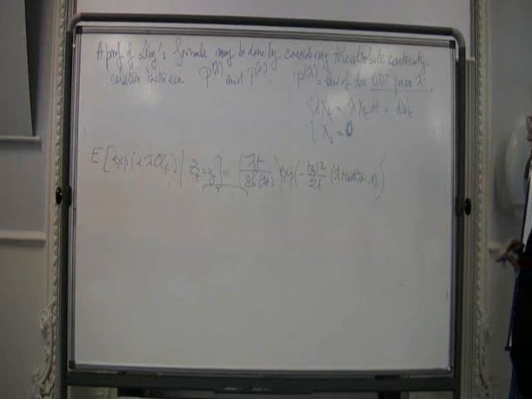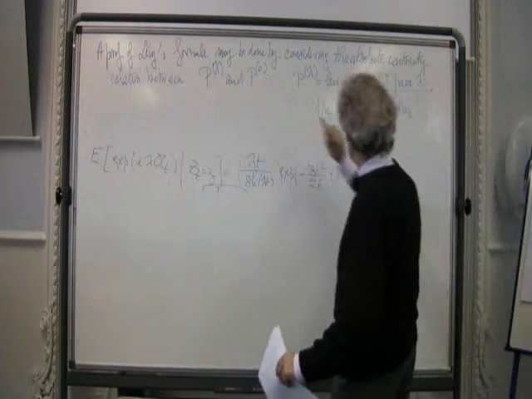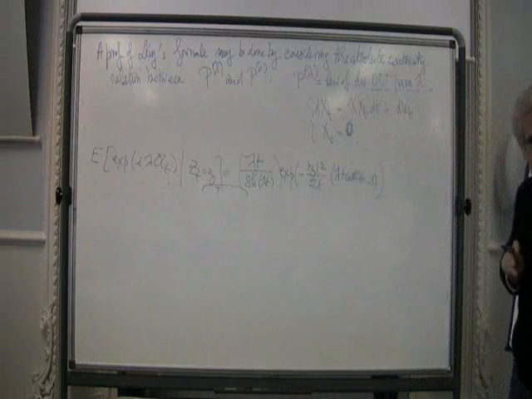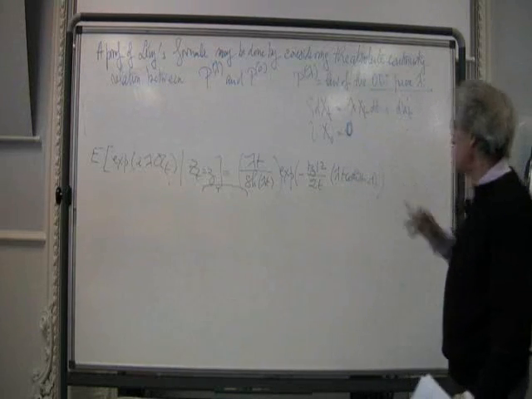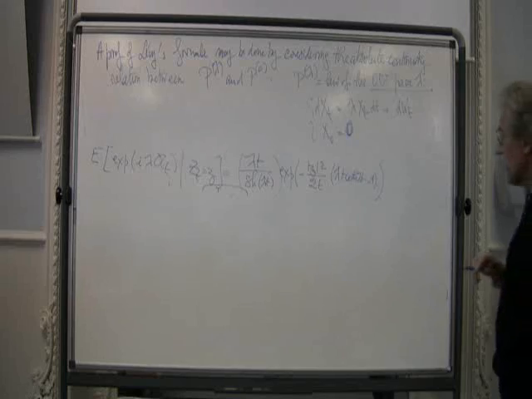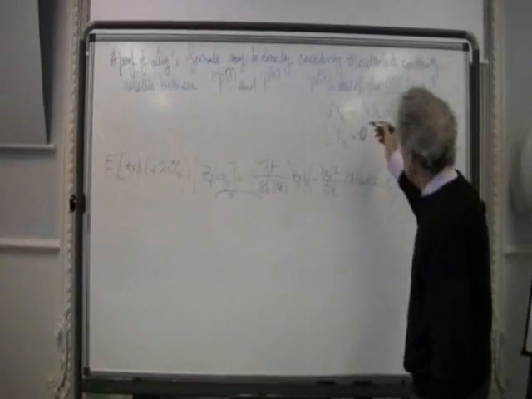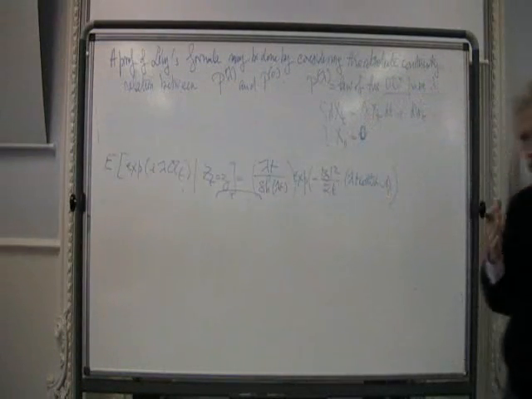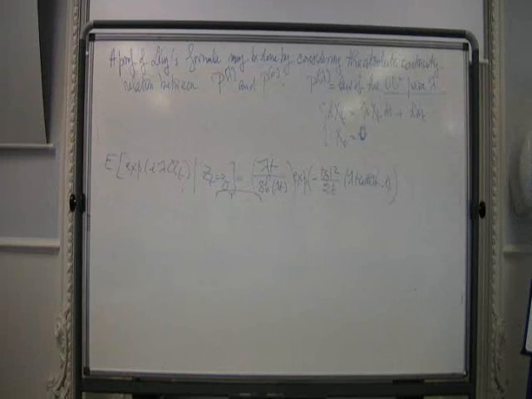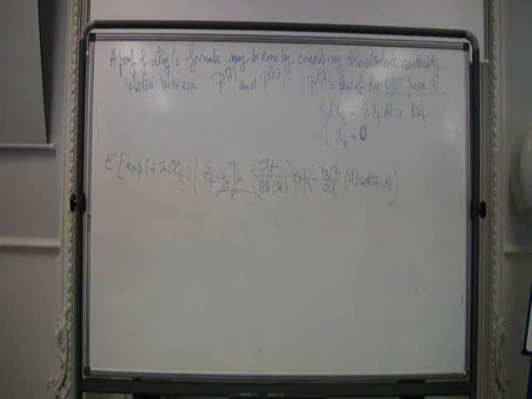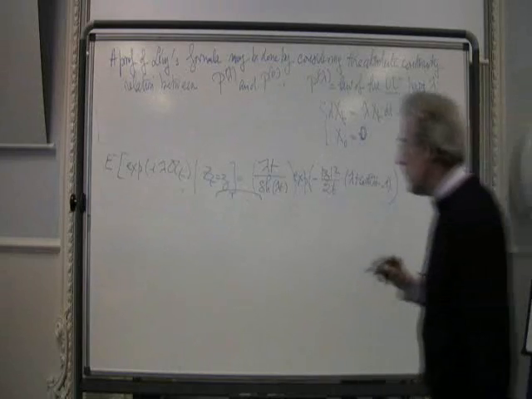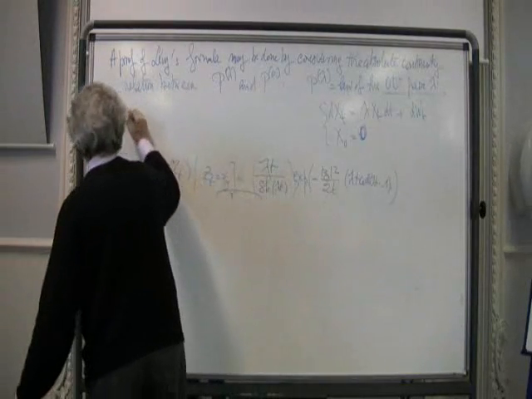And of course P_0 corresponds to the case lambda equals 0, and this is pure Brownian motion. That relationship is a very particular case of Girsanov's theorem, and it can be stated as follows.